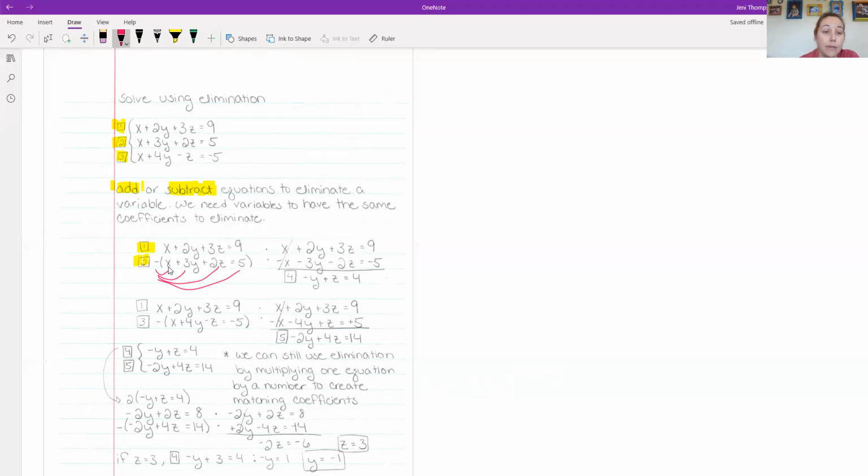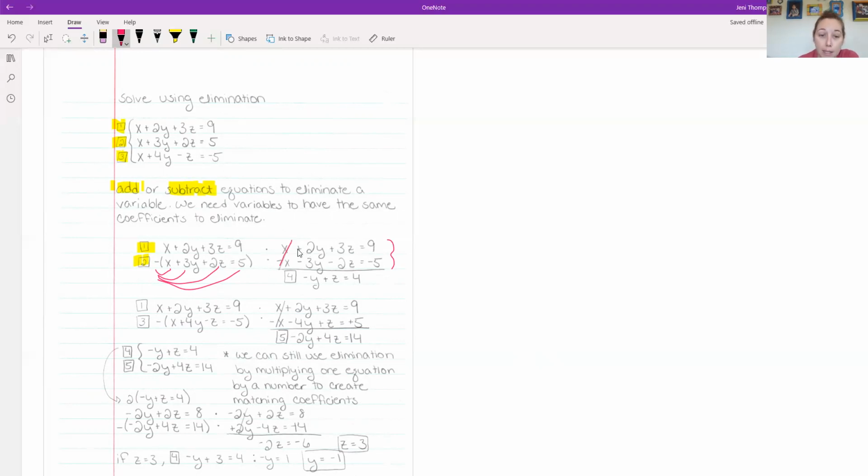So instead of x plus 3y plus 2z equals 5, now I have negative x minus 3y minus 2z equals negative 5. So now when I combine these equations, right, minus x, that's 0. I've eliminated a variable.